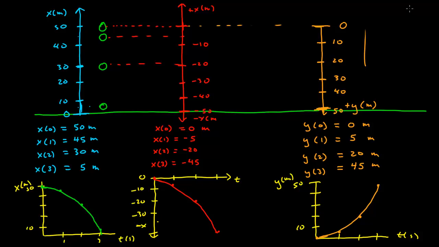The important lesson here is that as the problem solver, you get to choose where the zero of the coordinate system is and in what direction positive is. And with great power comes great responsibility. You need to make explicitly clear, when you are working on a problem, where your coordinate system is, where the zero is, and in what direction is positive.